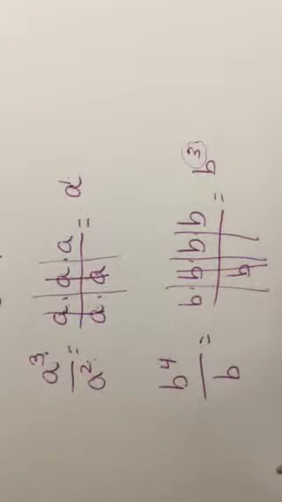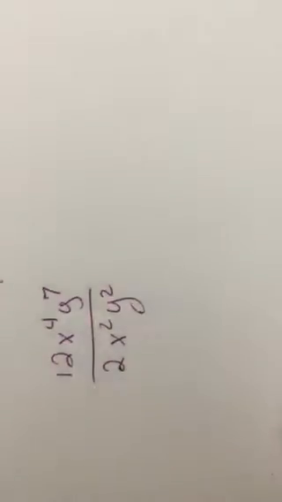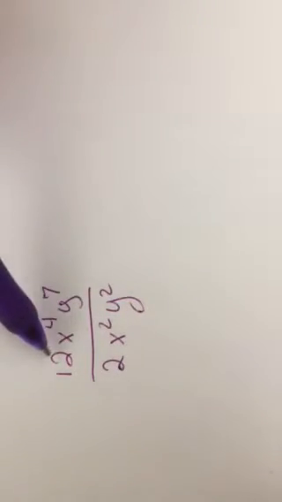Okay, so let's look at another one where we have more variables. Let's say we have, and I'm going to throw in some numbers too, 12x to the fourth, y to the seventh, over 2x squared, y squared. Now, the key to ones like this, where you have numbers and more variables and lots of exponents, is to just take one part at a time.